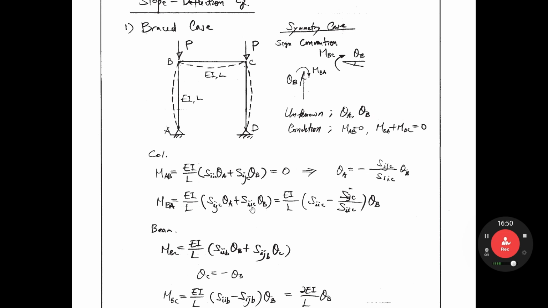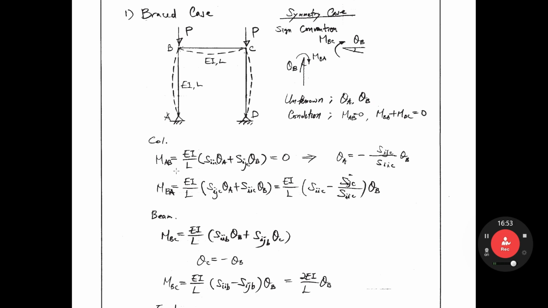Let's look at this one. Let's establish the slope deflection equations. MAB equals EI over L times SIIC theta A plus SIJC theta B. C means column. Do you remember? We already learned this one. How about then MBA? MBA is EI over L times SIJC theta A plus SIIC theta B, like that, right?